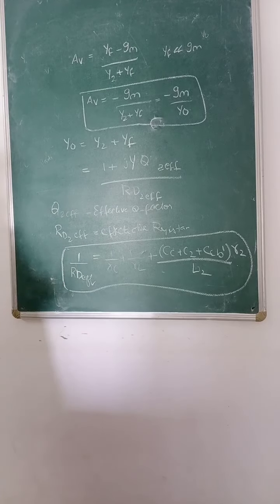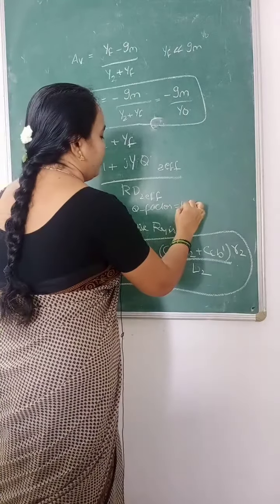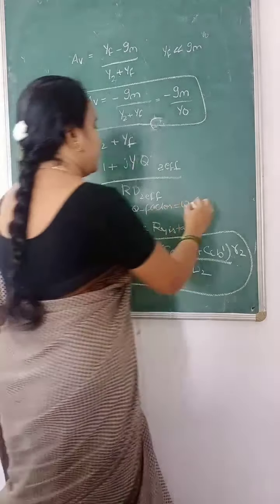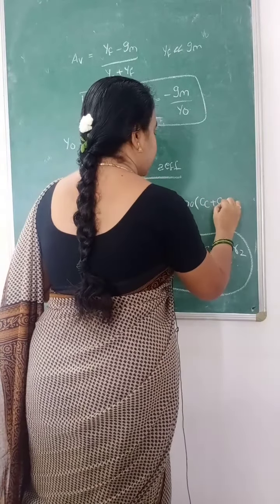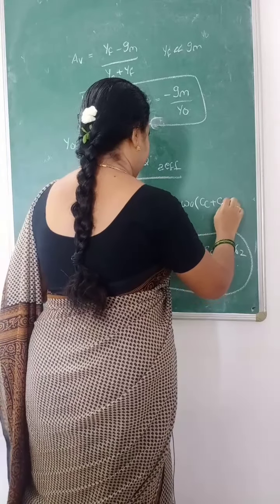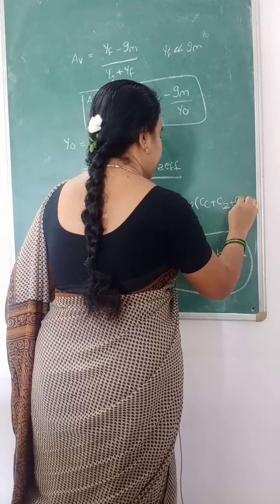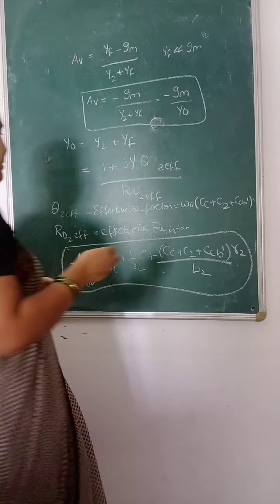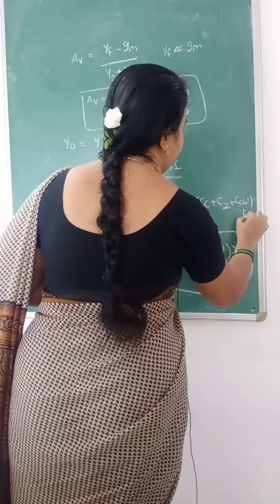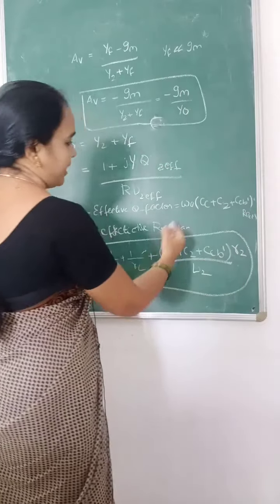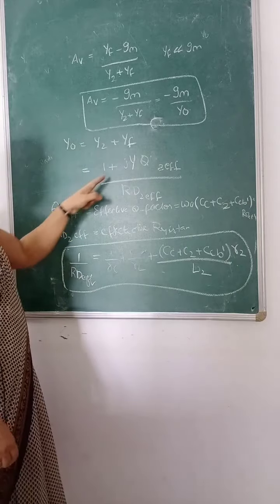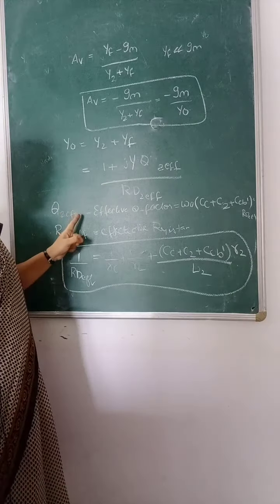And Q2 effective, that is the effective Q factor, is nothing but omega naught into CC plus C2 plus CB dash multiplied by Rd2 effective. This factor is multiplied by the capacitance with that of omega. So these two terms can be written like this.